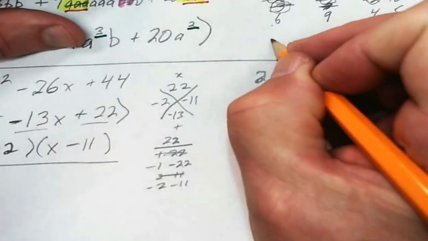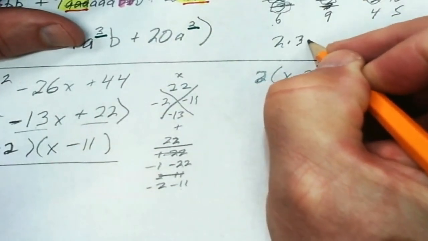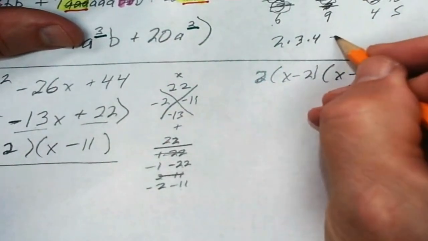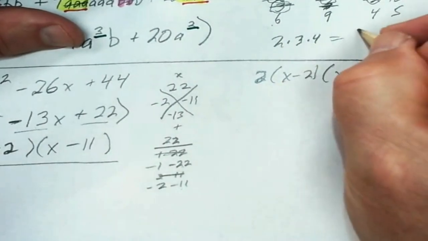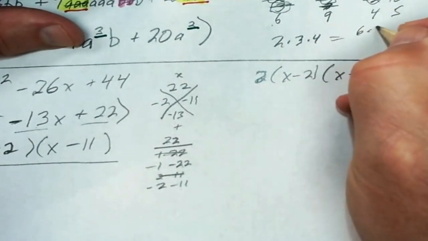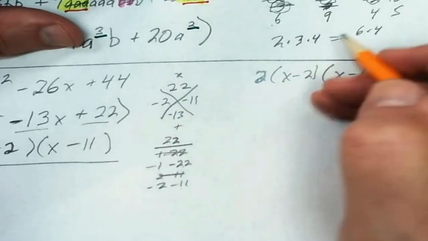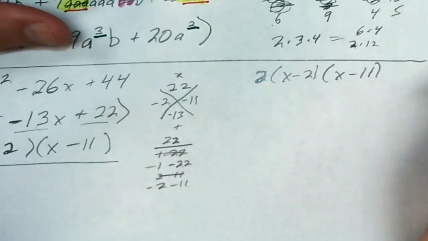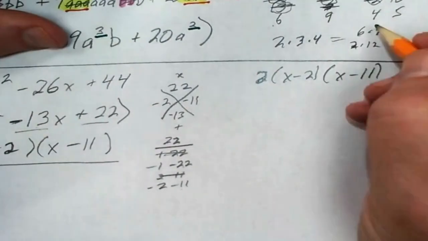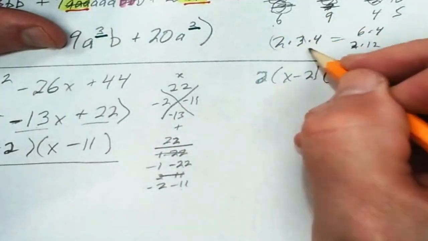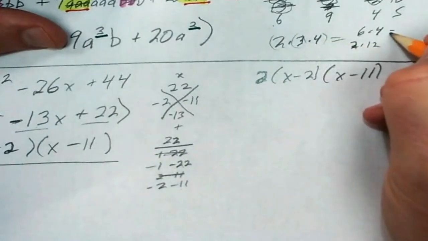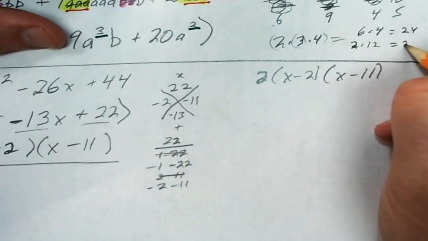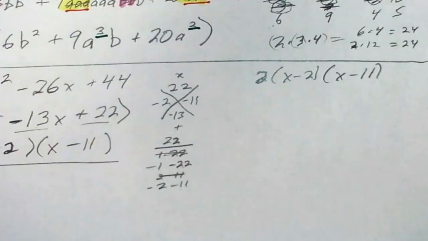If we have 2 times 3 times 4, we can either take 2 times 3, which is 6, times 4, or we could have done these together first. 2 times 3 times 4 is 12. It didn't matter which ones we did first, because this equals 24 and this equals 24, because multiplication works that way.